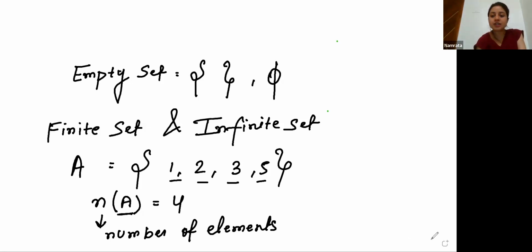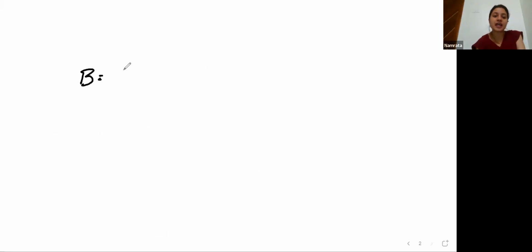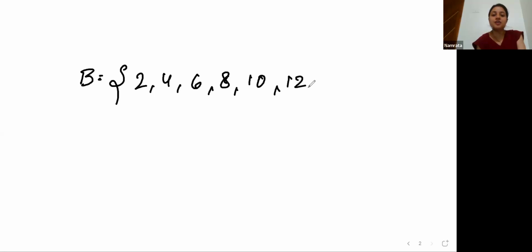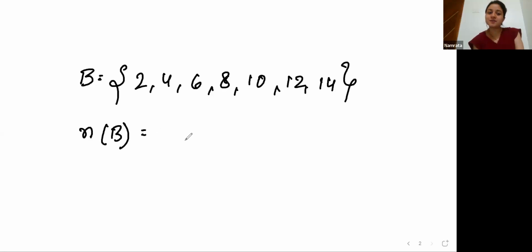Similarly, if we take one more set, let's say set B, with elements 2, 4, 6, 8, 10, 12, 14. So here we can write how many elements are there. Can you say? The number of elements in set B is equal to 7.